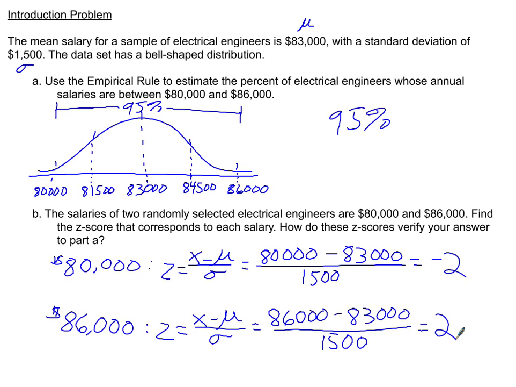Now this verifies our result to part A because the empirical rule tells us that 95% of the data falls within 2 standard deviations. And now looking at part B, we can see using z-scores that these values go from a z-score of -2, this 80,000 on the graph, to a z-score of +2 for the $86,000 on the graph.